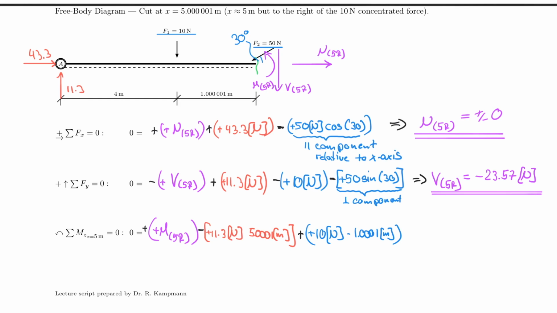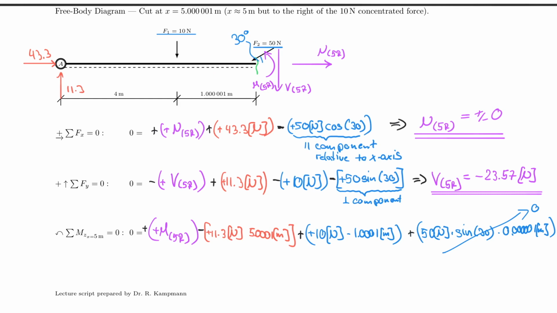And now, just so that you see it once properly, we can also say that we have the 50 Newton times the sine of 30, that gives us the perpendicular component, multiplied by 0.000001 meter. So we don't really care about this. In fact, this would be equal to 0, but if we were to include this, we would have to give it a rotational sense. It would turn this way around counterclockwise, therefore positive.